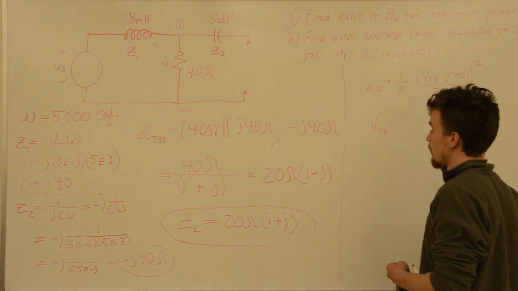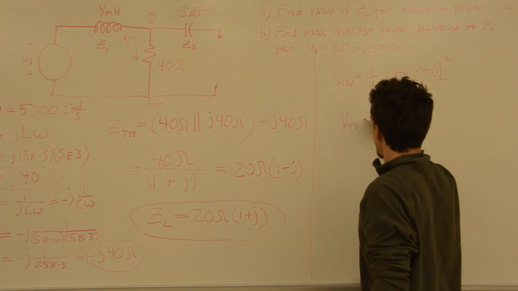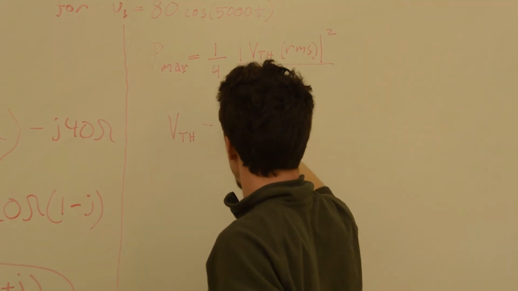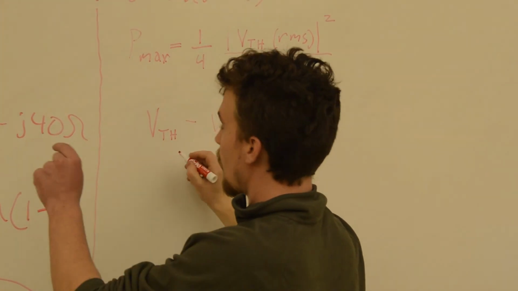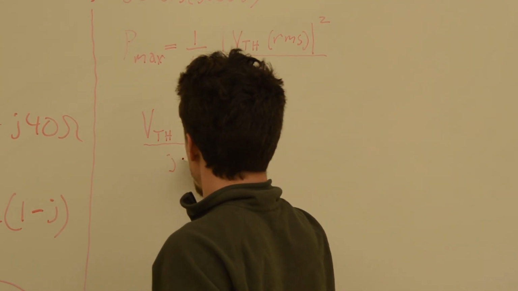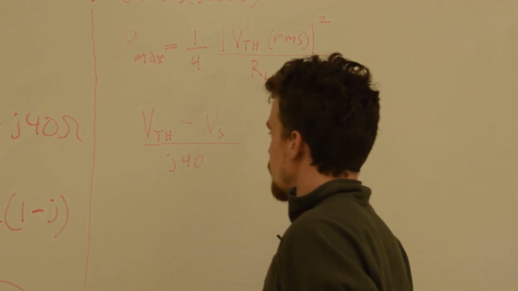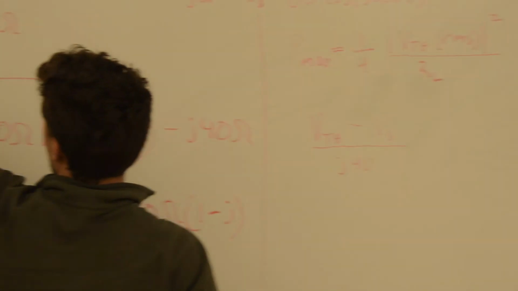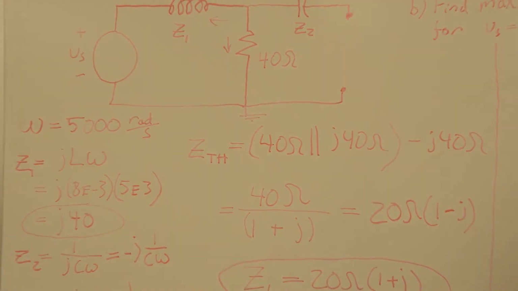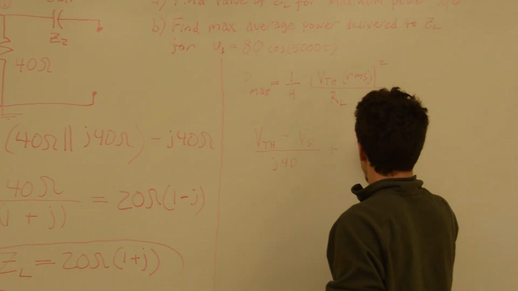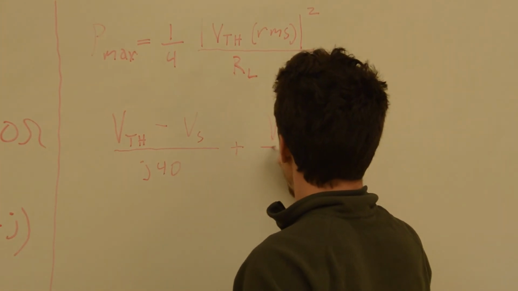So we have V Thevenin minus your source voltage, all over the impedance of that inductor, which is j40. That's this current right here. And this current right here is going to be equal to V Thevenin over 40.